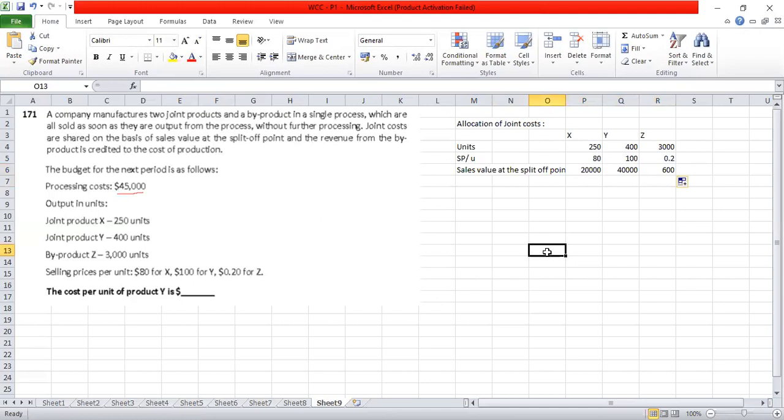So joint cost is 45,000. So 45,000 will be apportioned in this ratio, that is 20,000 is to 40,000 is to 600 in this ratio. So when we add them up, they come out to be 60,600.